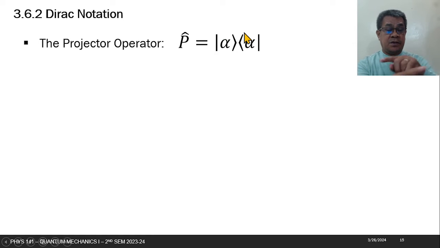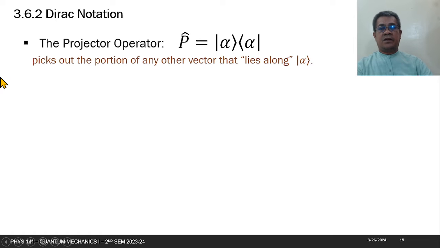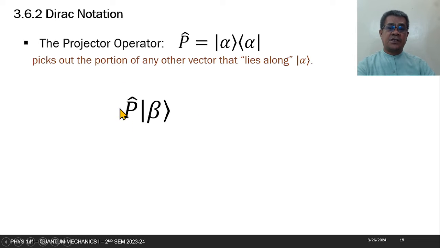If we reverse the ket and bra, if this is ket and bra, we call this the projector operator, meaning the projector operator can act on another function, and its role is to pick out the portion of any other vector that lies along this alpha vector.